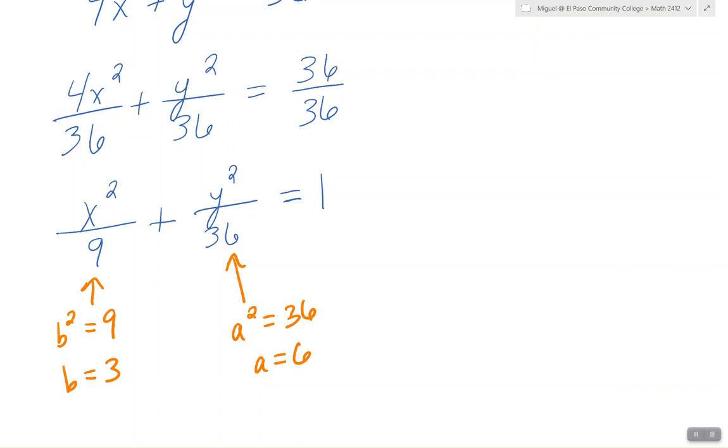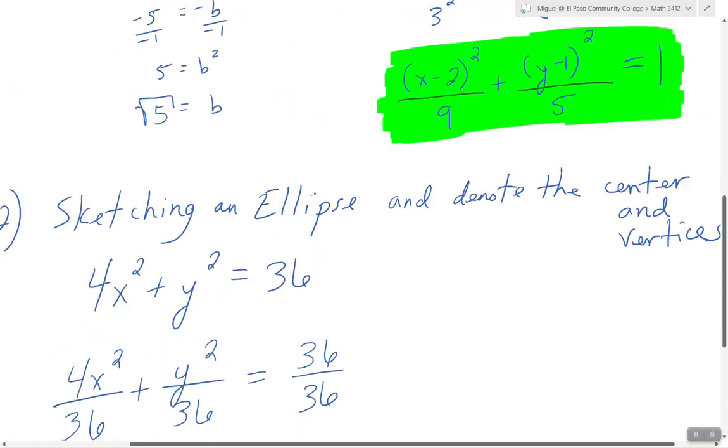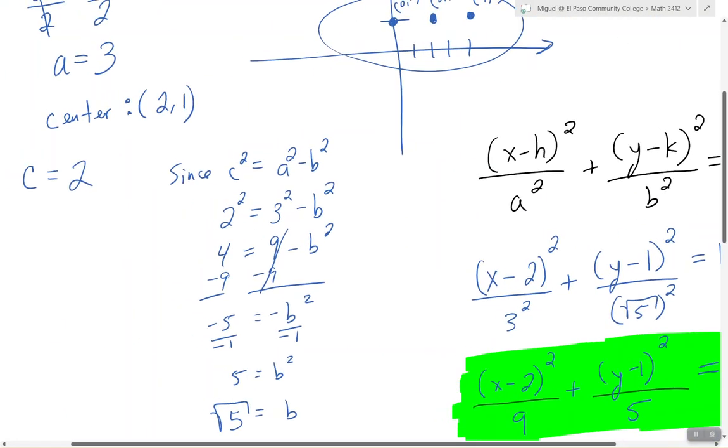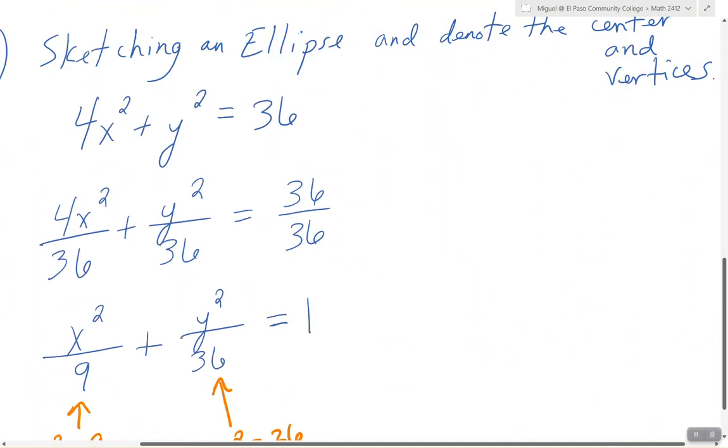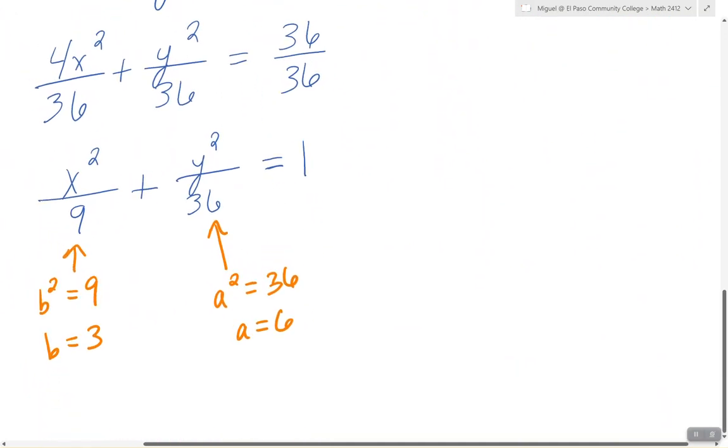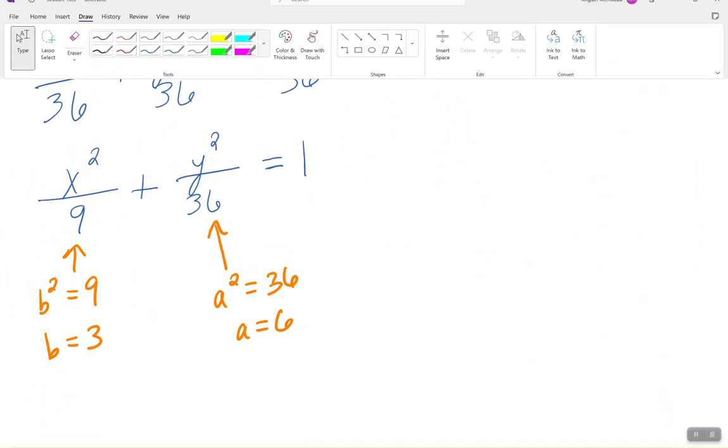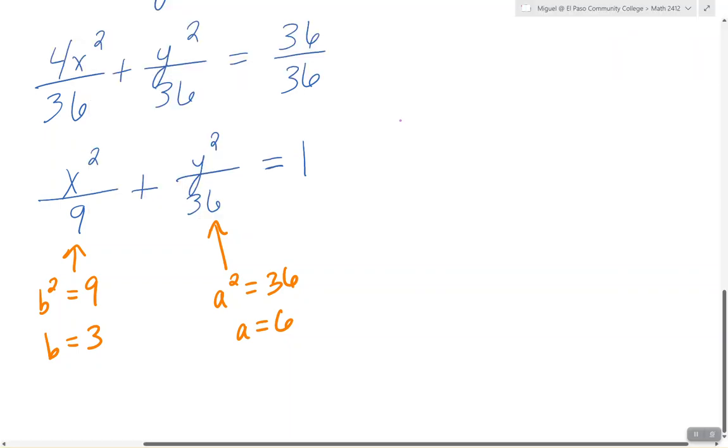What else can I find with A and B? We have a formula for C, right? It was C squared is equal to A squared minus B squared. A squared was 36, B squared was 9.